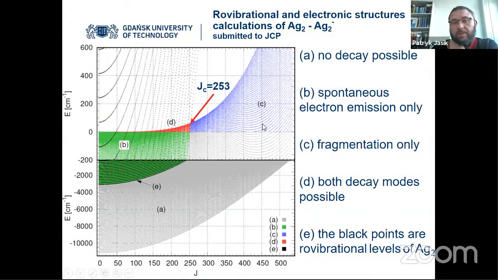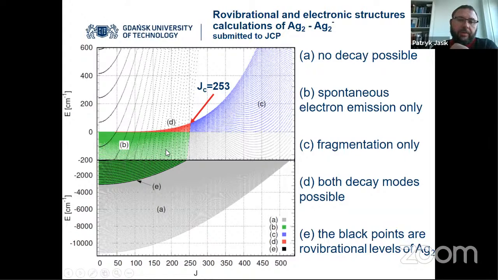It is of course because of the centrifugal barrier, which, when J is increasing, is bigger and bigger. So in this part we can observe fragmentation through the barrier.